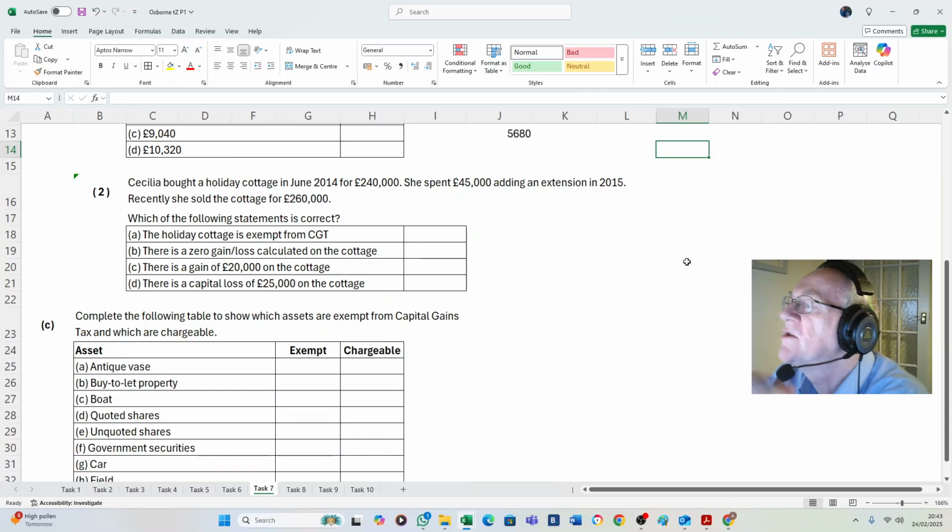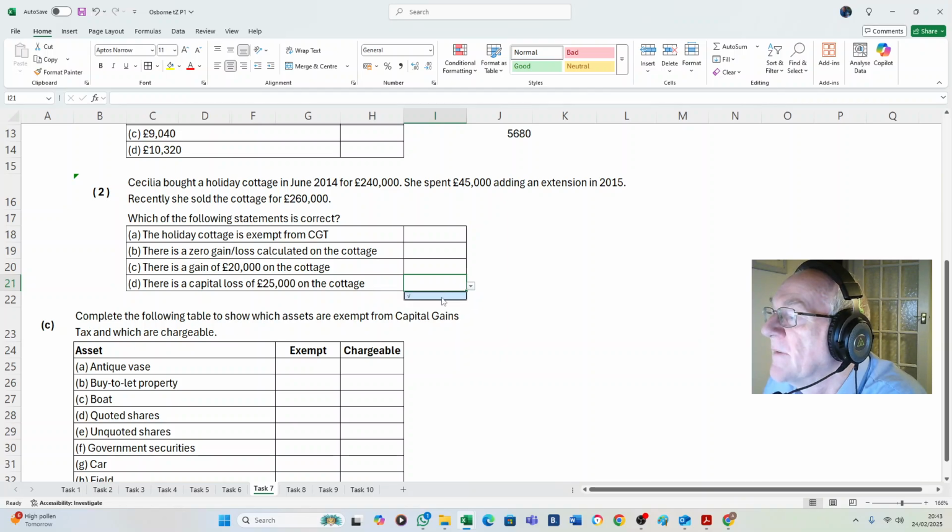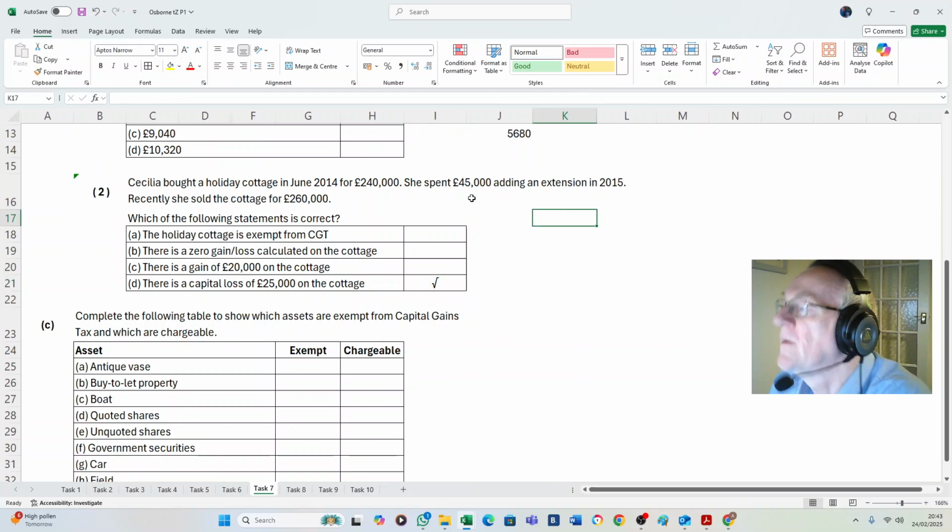Holiday cottage, 2014, 240,000. An extension counts as capital, so that makes it 285,000. Sold it for 260, so she's made a loss, hasn't she? 285 minus that. That's a nice easy one. All you've got to do is know that it's an extension, not redecoration or anything like that, or replacement furniture, which wouldn't count for capital.